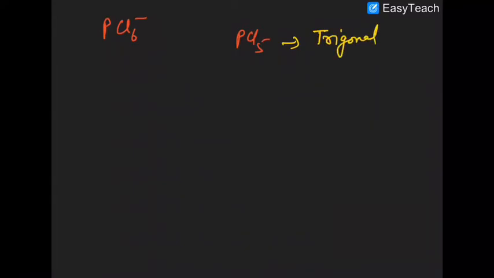Now look at the case of PCl6 negative. Now PCl5 is what? Everyone knows that PCl5 is trigonal bipyramidal.